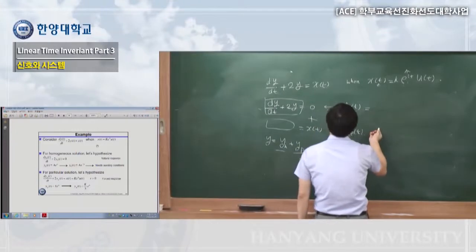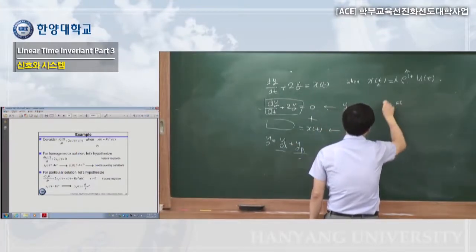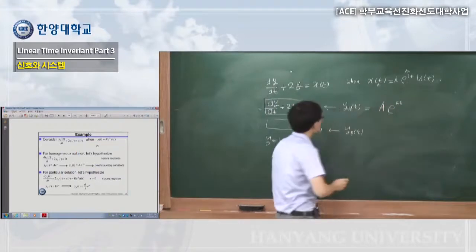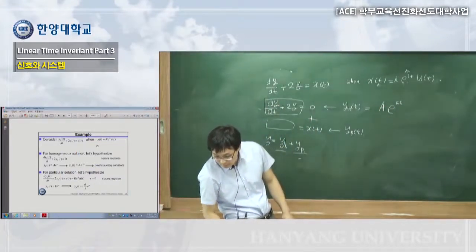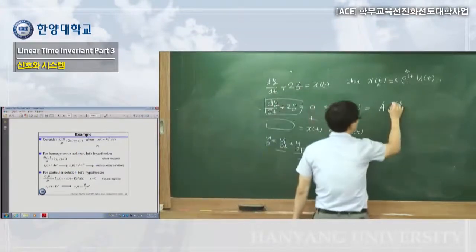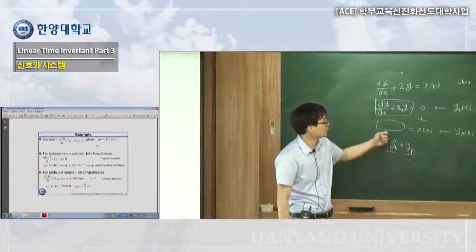There will be exponential 2t times a minus maybe. Okay, that's minus. What is the solution for this?